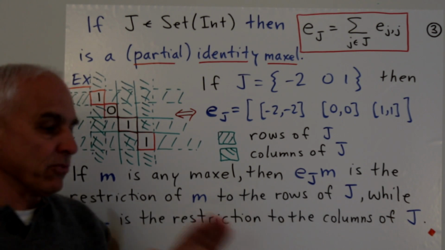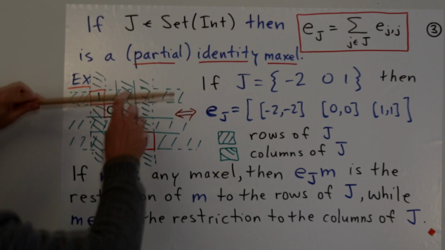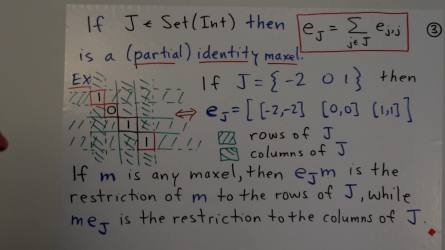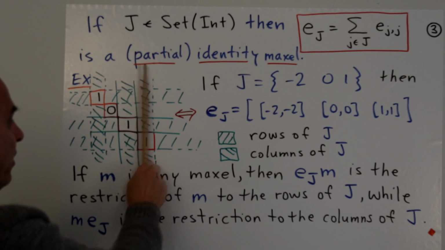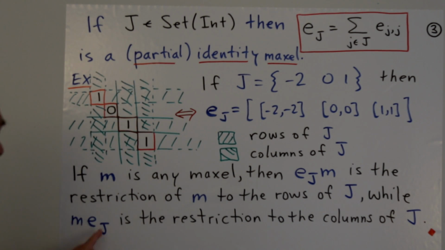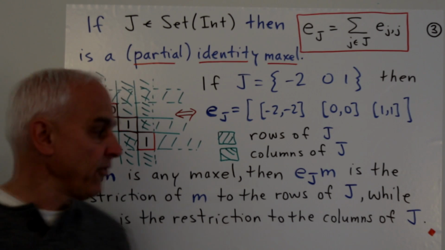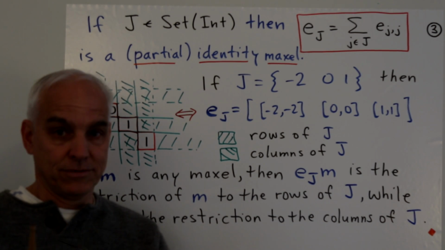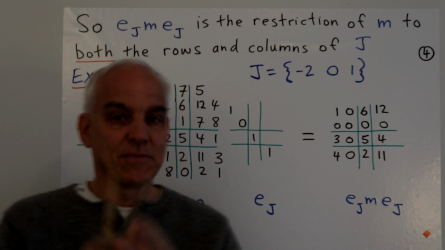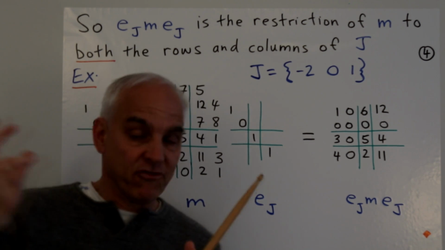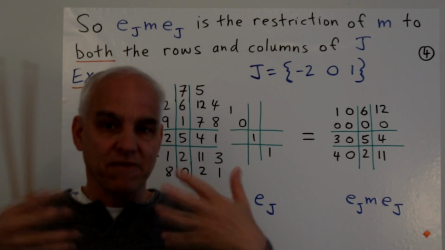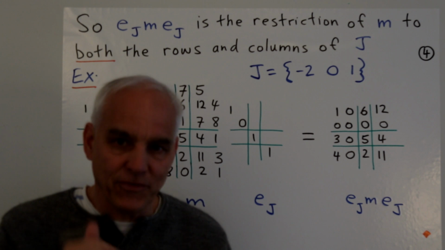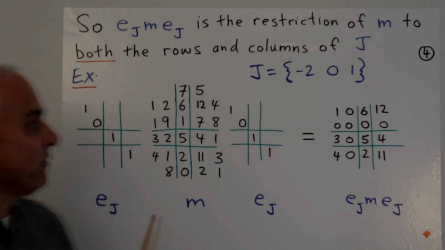E sub J M is the restriction of M to the rows of J, while the other way around, M times E sub J is the restriction to the columns of J, namely the restriction here. In other words, basically forget about all the entries of M which are outside the columns, or in this case, outside the rows. And then if we combine those two ideas, we have a maxel M, and we multiply on the left by E sub J, and on the right also by E sub J, then we get the cumulative effect of restricting to the rows of J and to the columns of J.